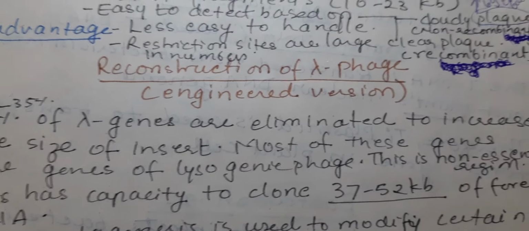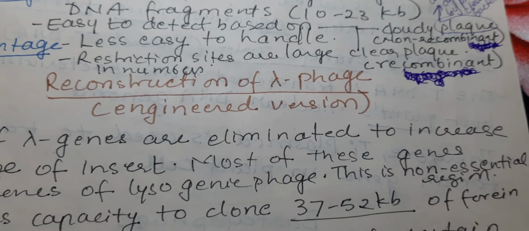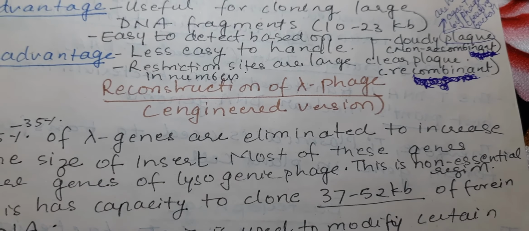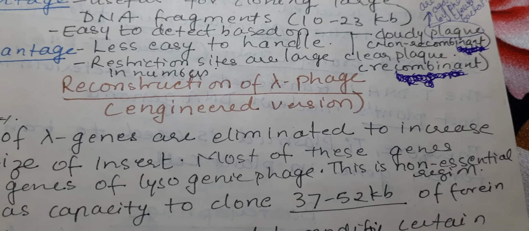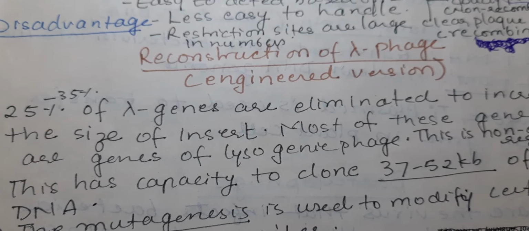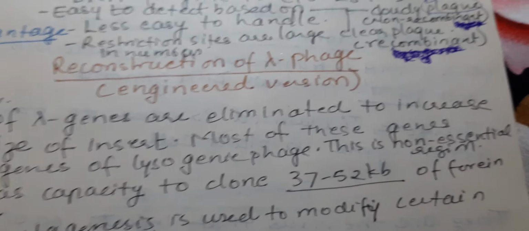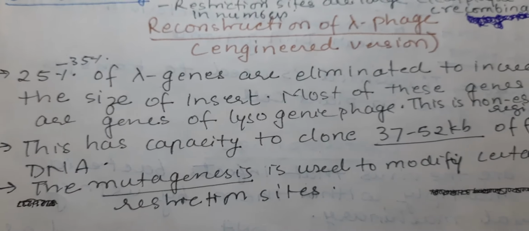Most of these genes lie in the lysogenic phase. These are non-essential regions. So the capacity has now increased, and it can clone up to 37 to 15 kilobase pair of DNA.